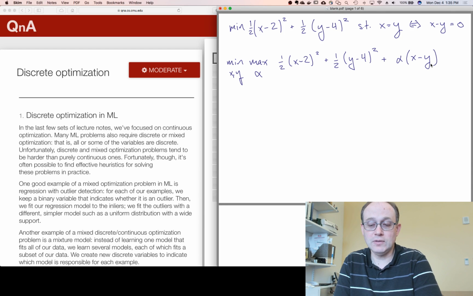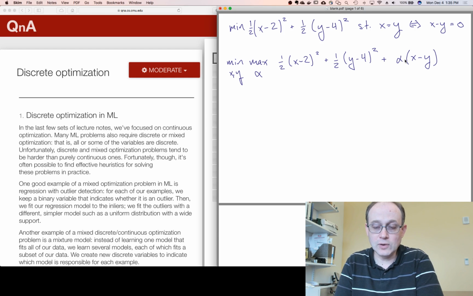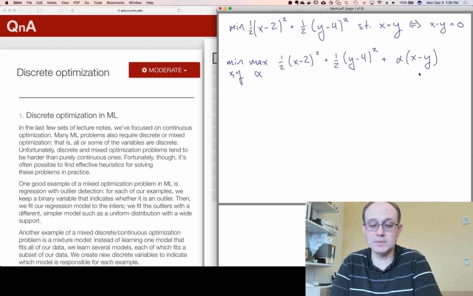If x minus y is positive, then alpha will be large and positive. If x minus y is negative, then alpha will be large and negative. So the xy player loses if x is not equal to y, and so the xy player is going to satisfy this constraint in order to do well in the game. All right, so this is how we're setting it up using Lagrange multipliers.